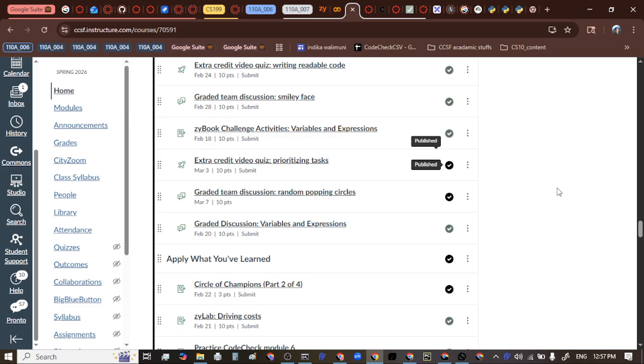Let's say Python turtle, and then let's go to the documentation. Yeah, that one, and scroll down. Let's go to color and fill color.